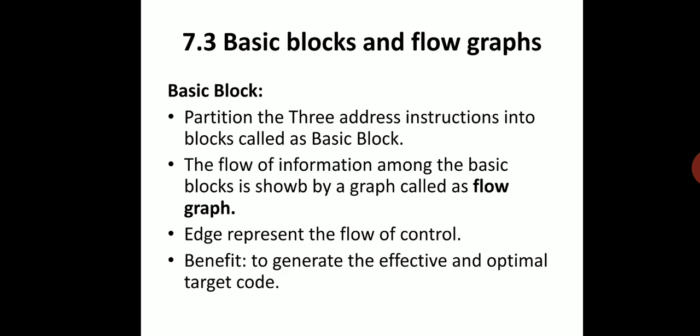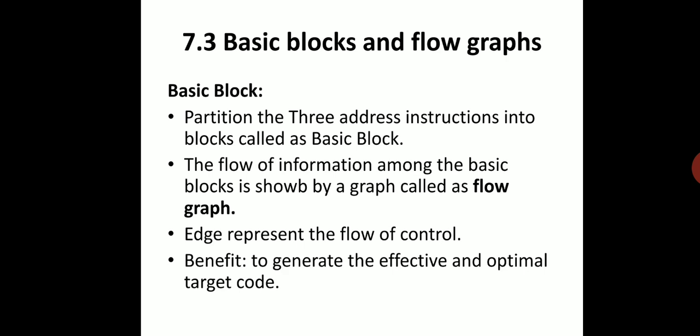Okay, and there are certain conditions in the basic block, that is the control enters into the basic block in the first statement and control leaves the basic block in the last statement. So the last statement of the basic block indicates the control leaves the basic block. The first statement indicates that you can enter into the basic block. Okay, and what is a flow graph then?